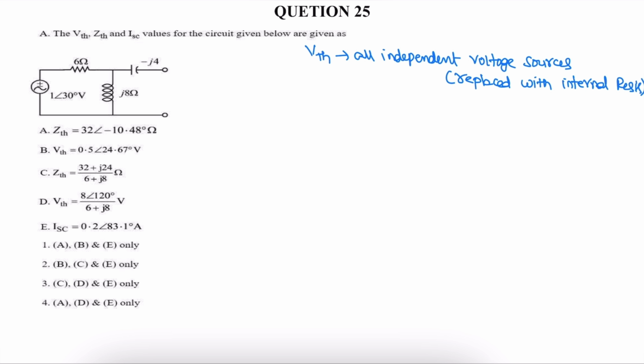So independent voltage source is short circuited, independent current source is open circuited. So the voltage source is short circuited, minus j4 ohm, j8 ohms, and this is 6 ohms.